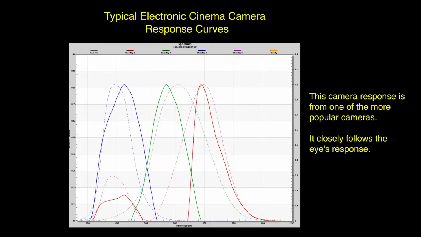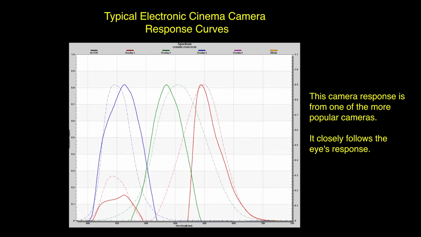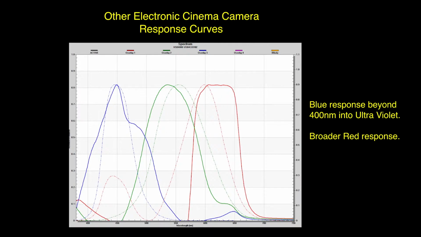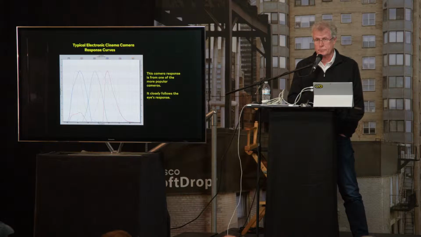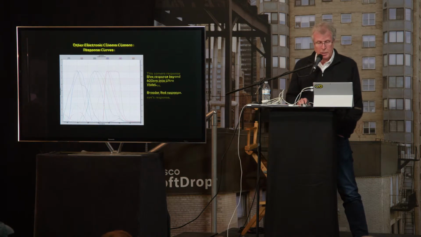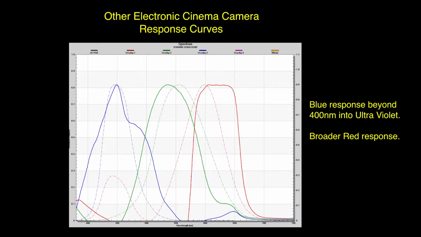Now, this is a typical camera response from an electronic cinema camera that's very popular. I'm not going to identify any of the cameras because it's not a matter of is something better or worse. It's a matter of the differences. So this is one camera, and we just see how close to our eye response this is. Very closely matched to the eye response. Here's another camera. Again, we start to see differences here. On the blue sensitivity, we're actually catching a little bit of UV.